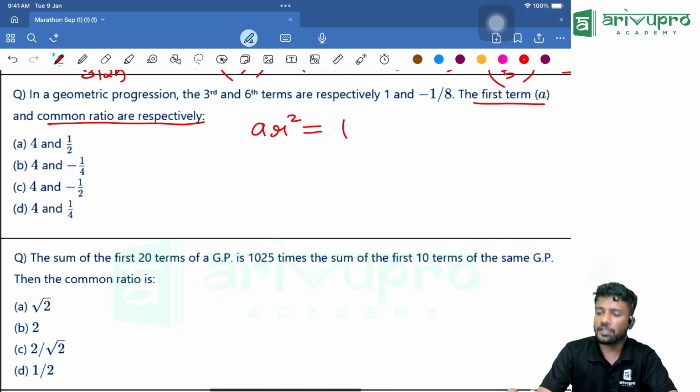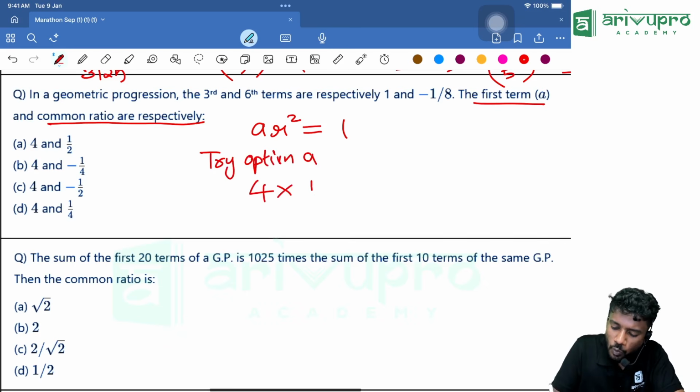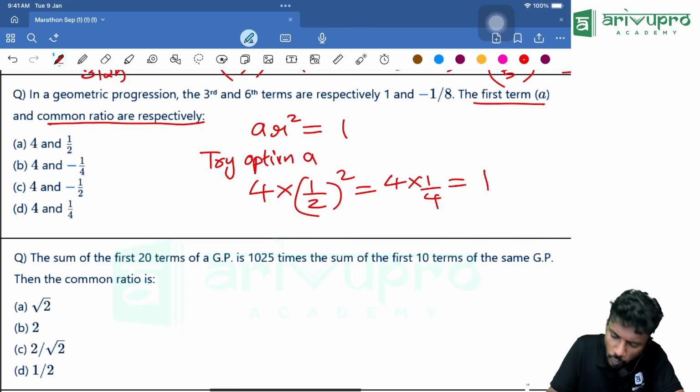Try option A: 4 into 1 by 2 the whole square, which is 4 into 1 by 4, which is equal to 1.